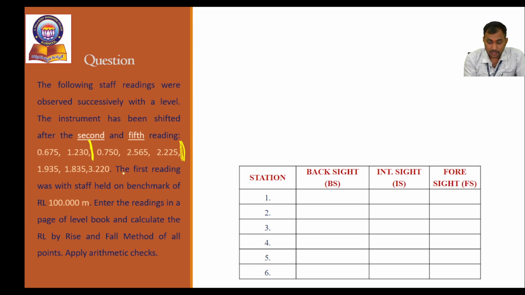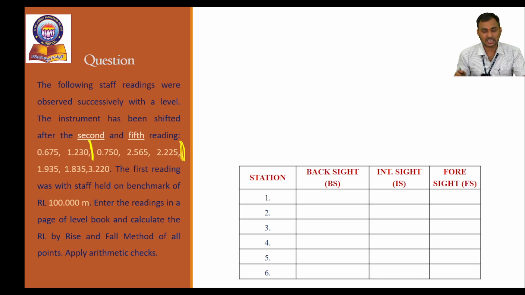The first reading was with the staff held on a benchmark of reduced level 100.000 meters. Enter the readings in a page of level book and calculate the reduced levels, nothing but elevation of points, by using the rise and fall method for all the points. Apply arithmetic checks.